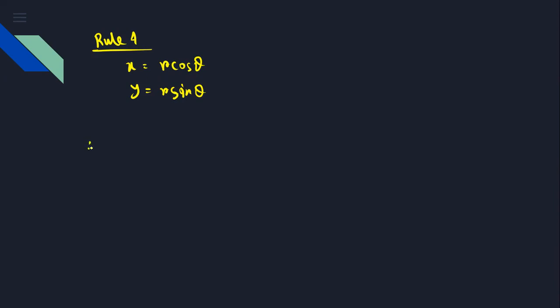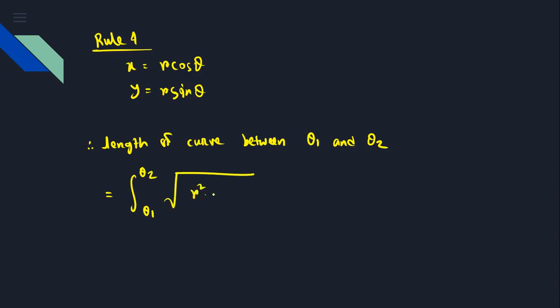Now, the length of the curve between two angles, theta 1 and theta 2, we have to calculate, and this will be the integral from theta 1 to theta 2 of root over r square plus (dr/d theta) whole square, and we have to integrate this term with respect to d theta.